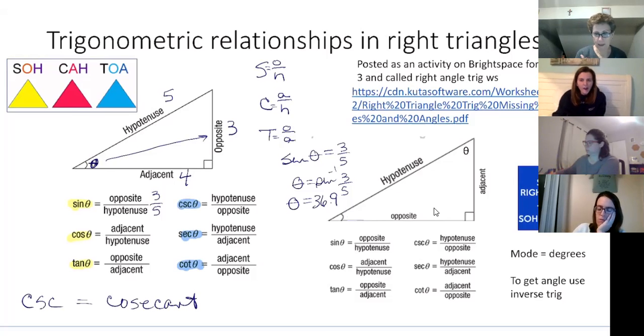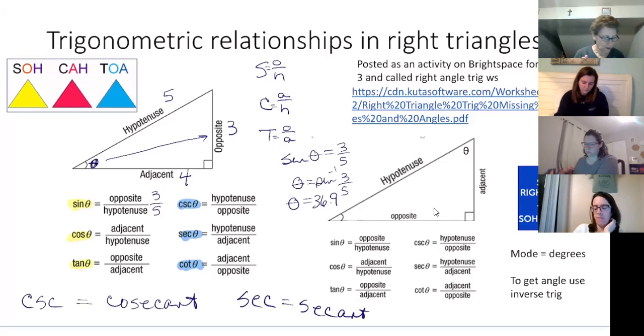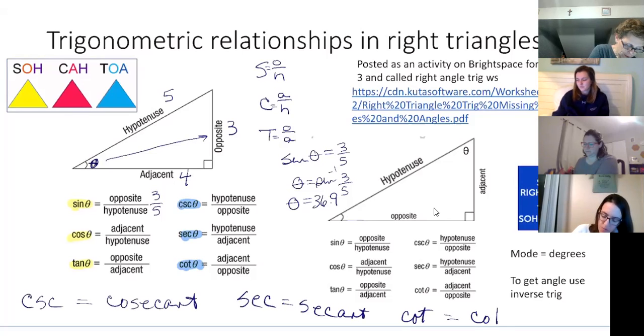If you take cosine, which is adjacent over hypotenuse, and flip that over, you get secant. So SEC is secant. If you take tan, which is opposite over adjacent, and flip that over, you get cotan. So it's not cot, it's cotan, or cotangent, I guess is probably even more specific. Okay, so that's how that works.